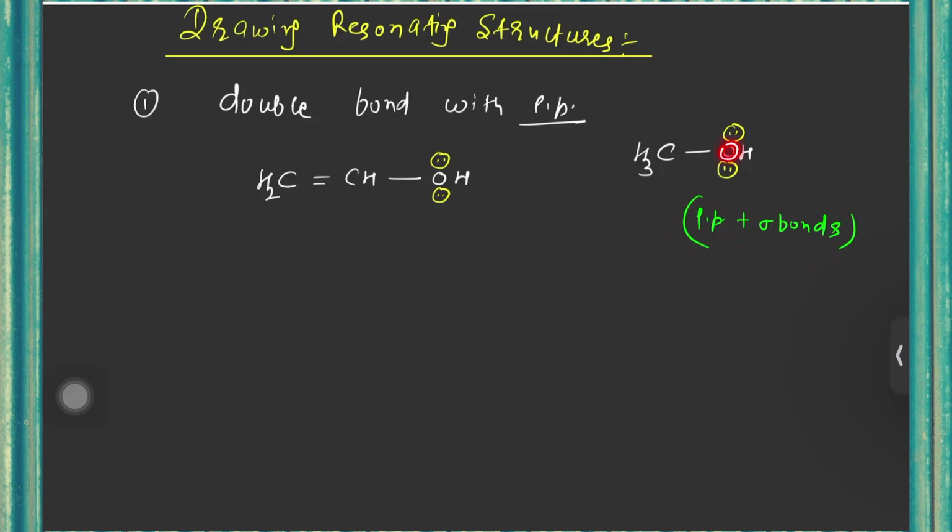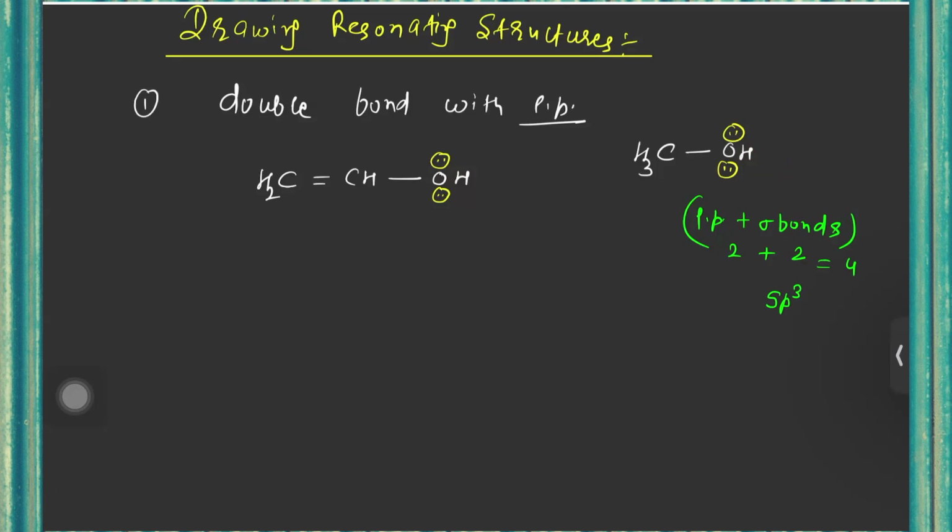See, this oxygen, how many bonds has it made? One bond with carbon and one bond with hydrogen. So the number of sigma bonds is 2 plus lone pairs, how many? 2. So the sum is 4. 4 means 4 orbitals. So one orbital will be s and the other 3 orbitals will be p. So the hybridization will be sp3.